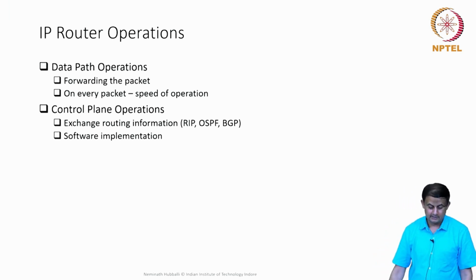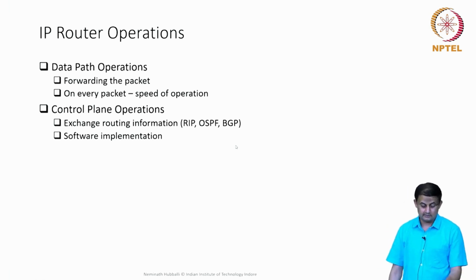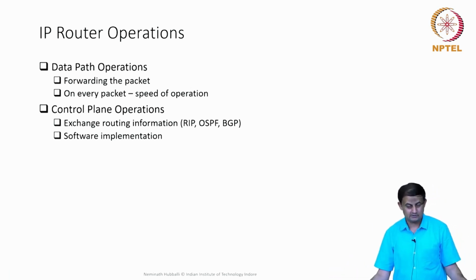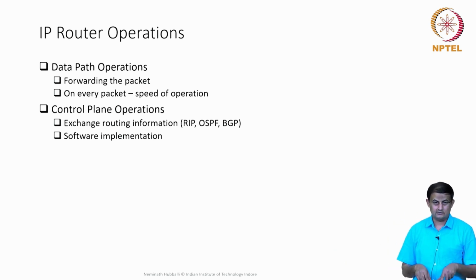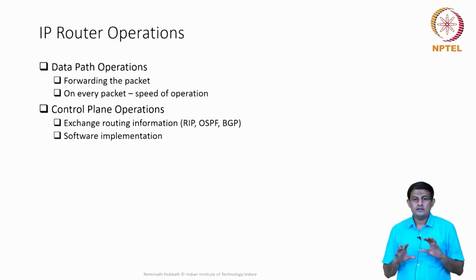We might study algorithms like RIP, OSPF, and BGP. These algorithms bring the status information of the links and connectivity between the routers. You aggregate that and construct the routing table. This operation is called the control plane operation.